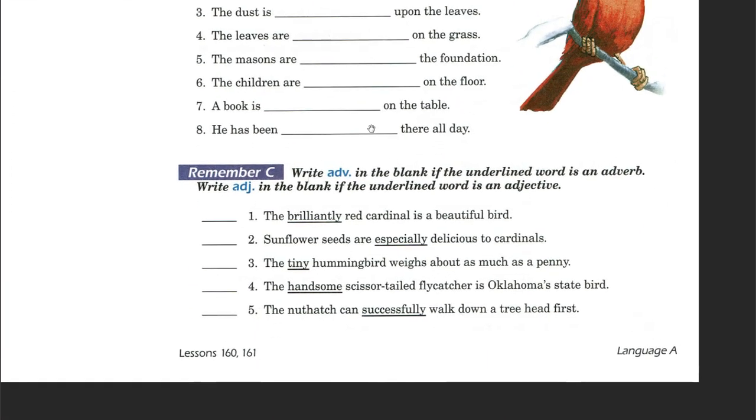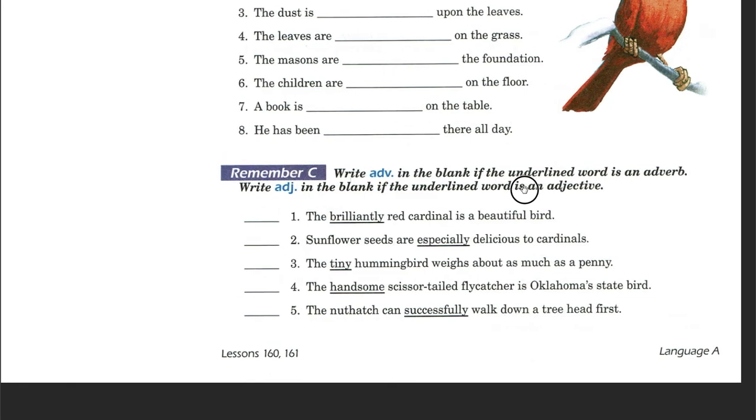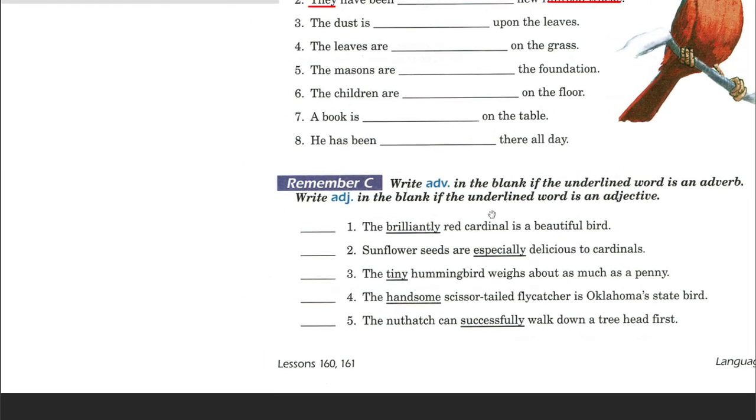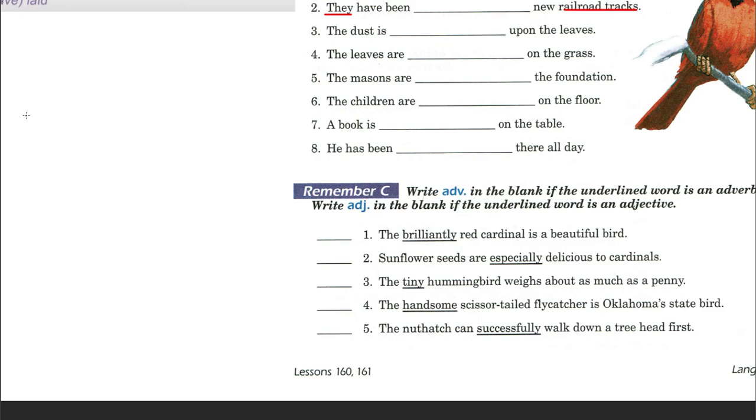Remember C, right? Adverb in the blank if the underlined word is an adverb. Adjective in the blank if the underlined word is an adjective. Remember, adverbs, they describe what? They describe verbs, adjectives, or other adverbs.